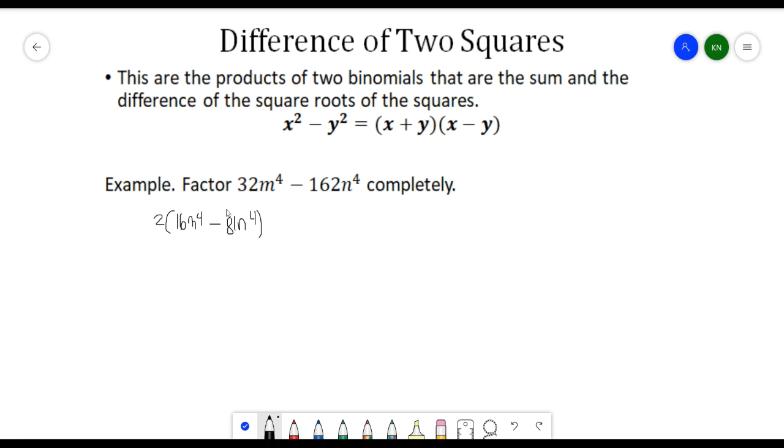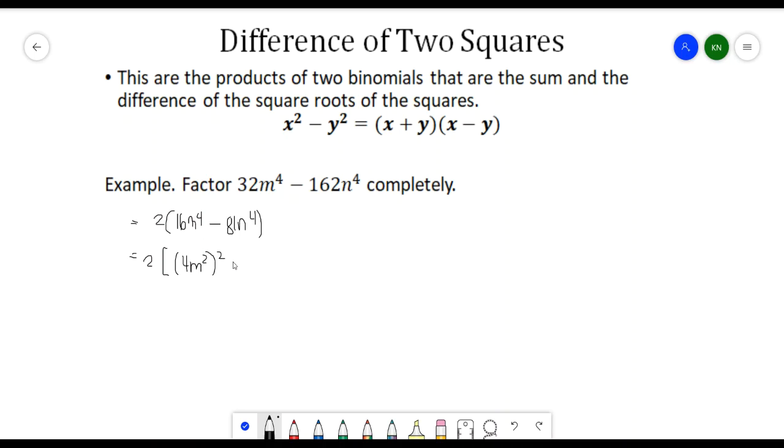As you can see, this does not yet conform with our standard form, meaning this can still be simplified. In simplifying, we have 2, and then the square root of 16m to the 4th is 4m squared. The square root of 16 is 4, and the square root of m to the 4th is m squared, because if you raise that to the second power, that gives the same result.